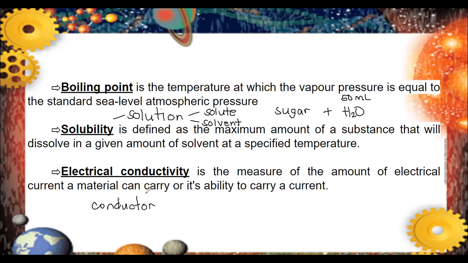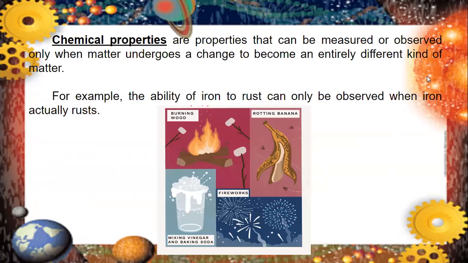For example, metal spoon, metal fork, the nails, yung pako, at iba't iba pang gawa sa metal. And then we also have water. Water is also an electric conductor. All right, let us move now with chemical properties.